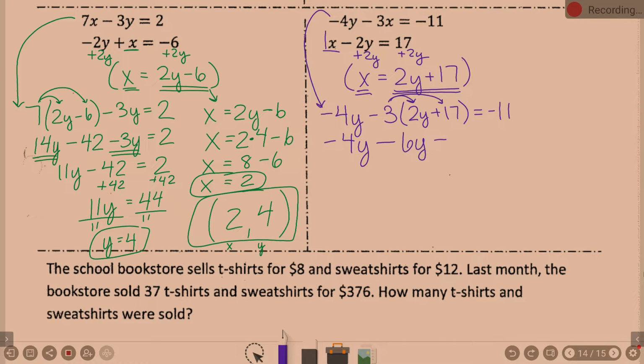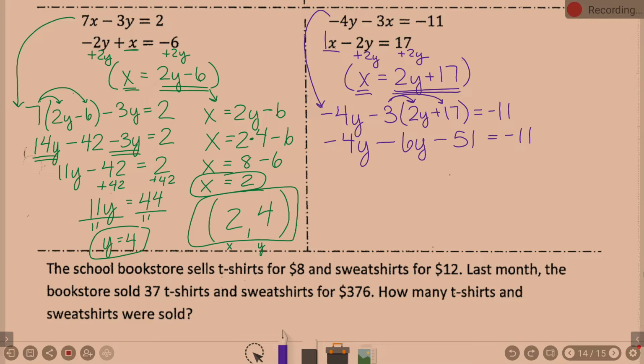I agree, Jason, that would be the smart one. You got it, Lily? 3 times 17? Negative 3 times 17 is going to be negative 51. That's a big number, equals negative 11. And you wonder why I told you to get a calculator. Hey, I'm not getting that calculator. I'm sorry, I was wondering.